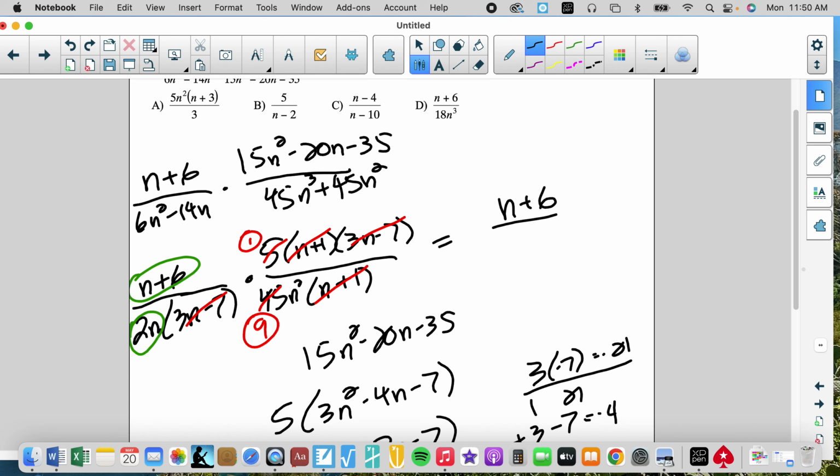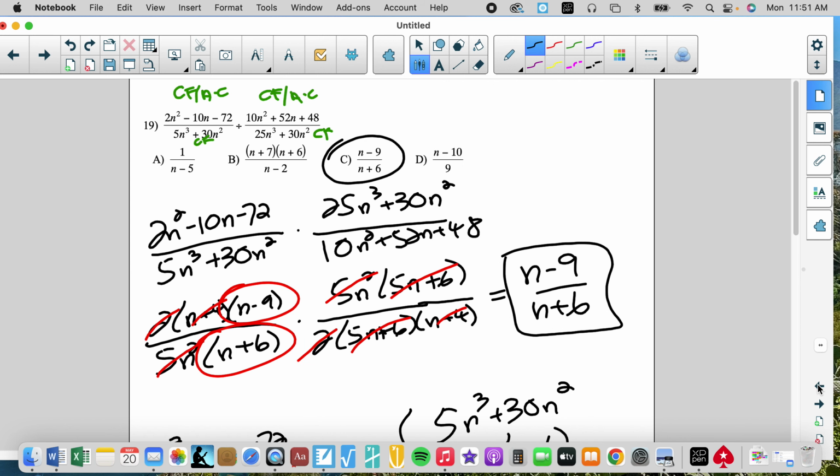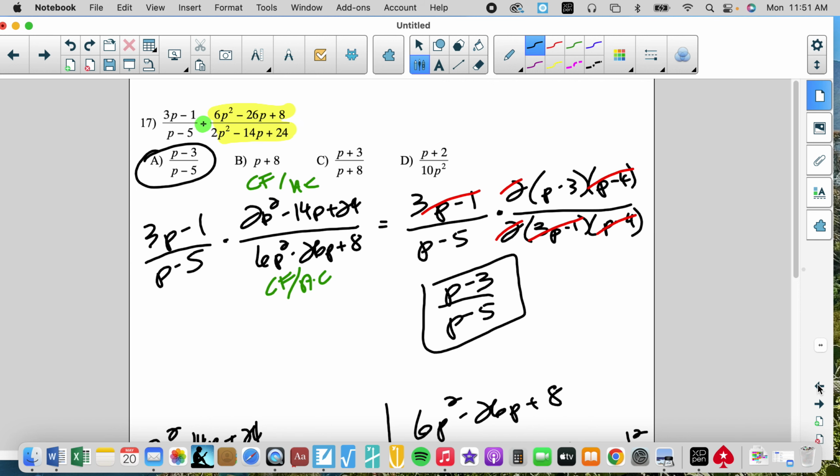And 2n times 9 is going to be 18n to the third. Ooh, look at that little doozy. We got n squared and 2n. So we are going to end up with that, which is D. Did I circle the last one? Yes, I did. Okay, so those are all the answers.